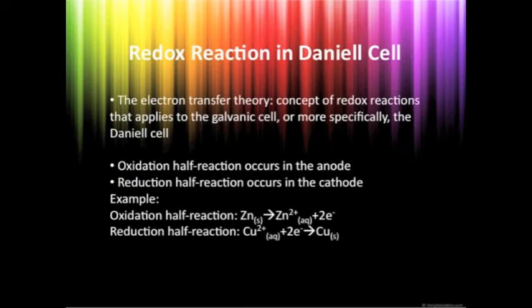The electron transfer theory is the concept of redox reactions that applies to the galvanic cell, or more specifically, the Daniell cell. The oxidation half reaction occurs in the anode of the Daniell cell, while the reduction half reaction takes place in the cathode.